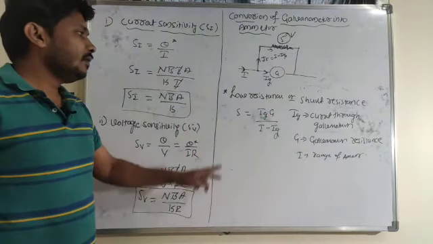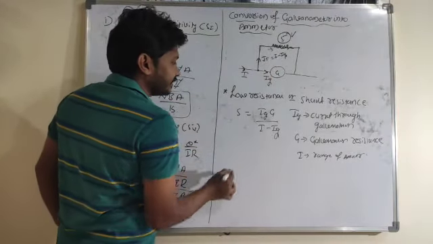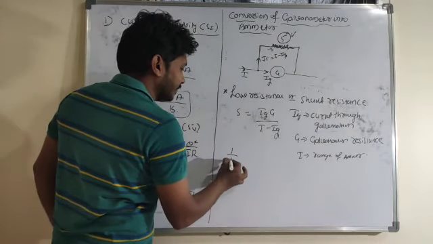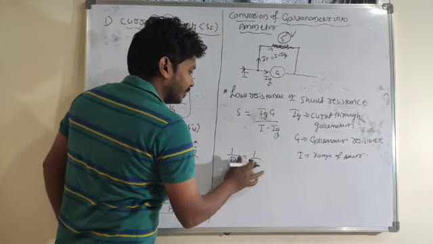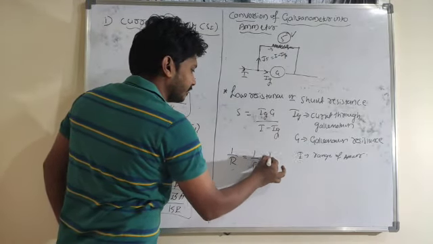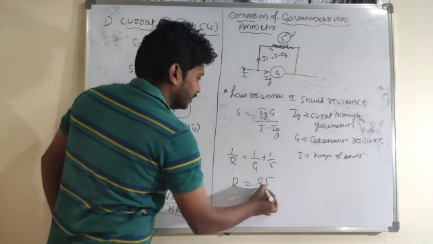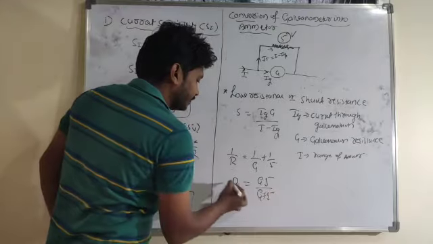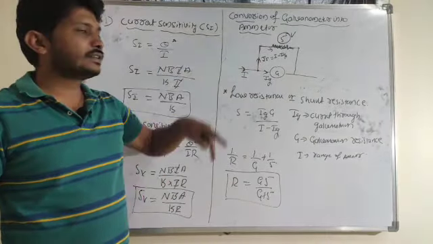Now what is the total or effective resistance here? So effective resistance I need to find out. These two are connected in parallel combination, 1 by G plus 1 by S, or R is equal to G into S divided by G plus S. What is the total resistance in case of this circuit?